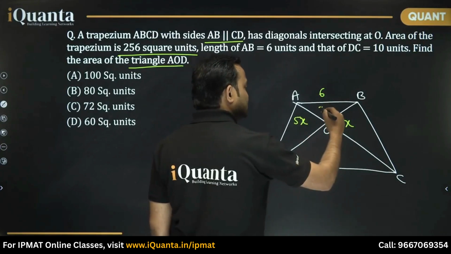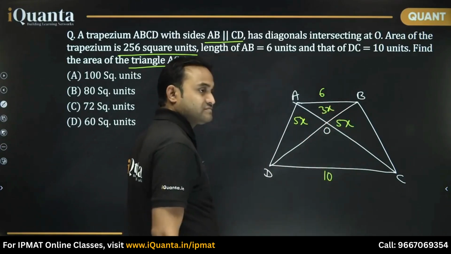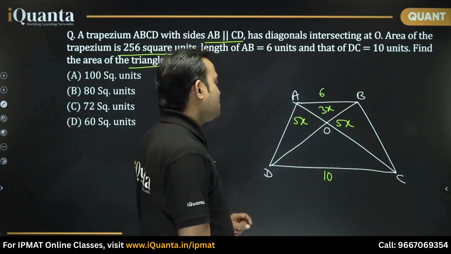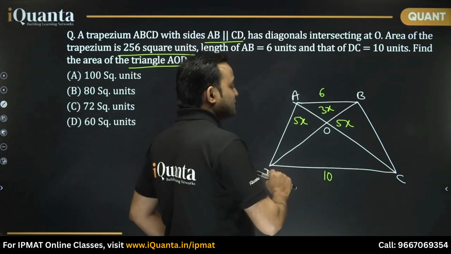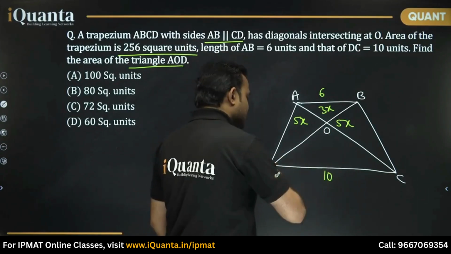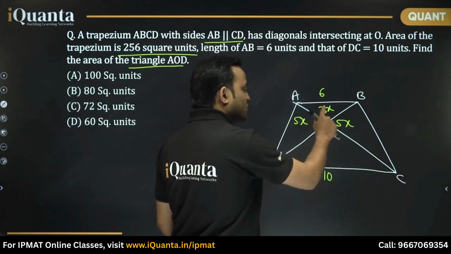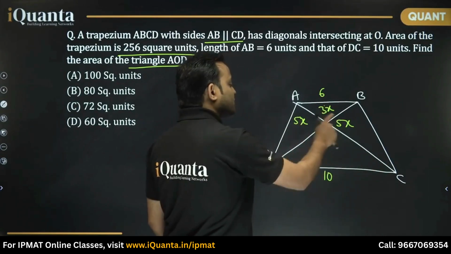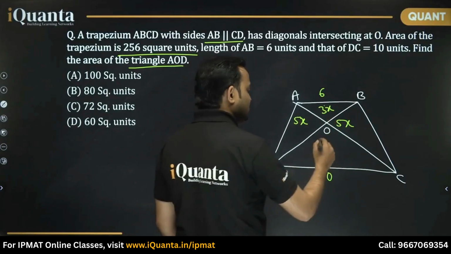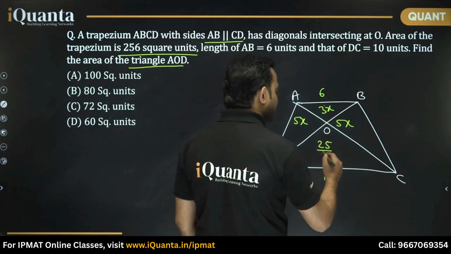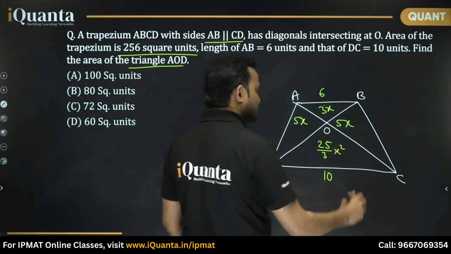And in that case, this will be 3X. Right? Now, can we say what will be the area of this triangle DOC? So the product of these two should also be the product of these two. So the product of these two is 25x square. So this will be 25 upon 3x.